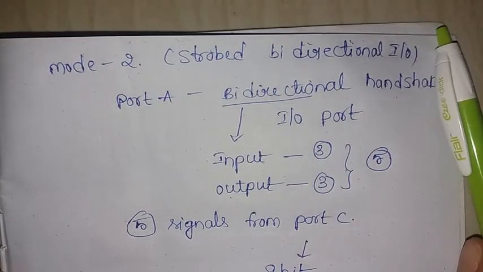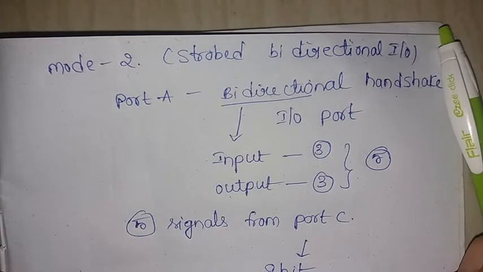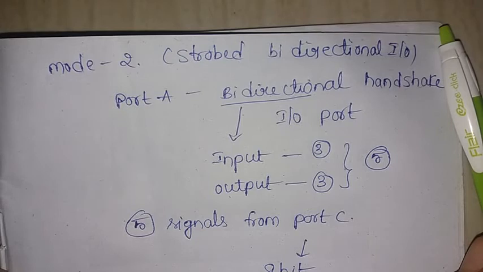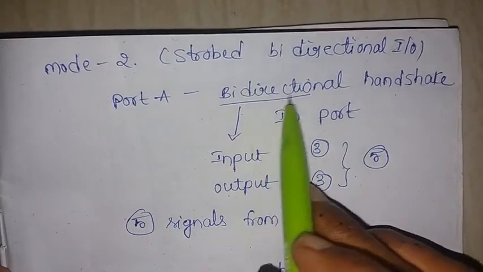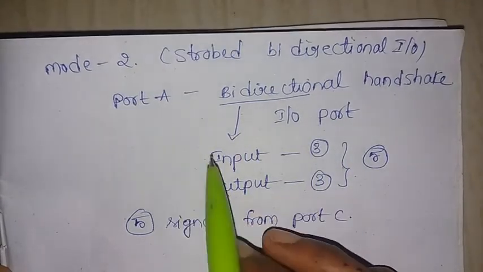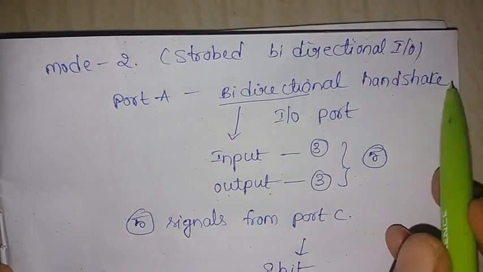Next one, come to mode 2. Mode 2 can also be called strobed bidirectional I/O. In mode 2, port A can be used as a bidirectional handshake I/O port. Bidirectional means it can be used as an input port or output port, and it is a handshake I/O port.